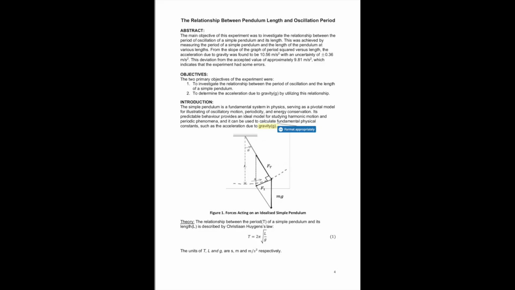While not mathematically incorrect, the uncertainty should be rounded to one significant figure, or two if the first digit is a 1. Here, 0.36 should be rounded to 0.4, and the mean value rounded accordingly to give g equals 10.6 plus or minus 0.4 meters per second squared.